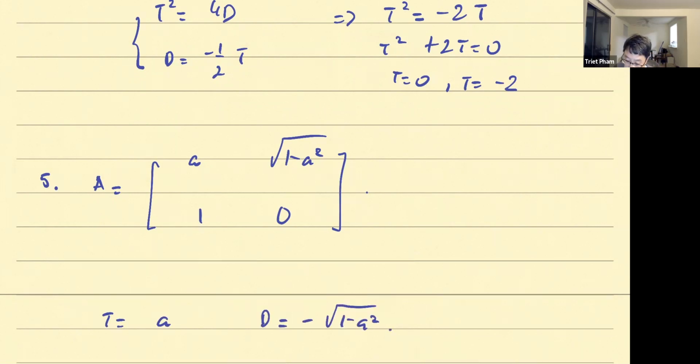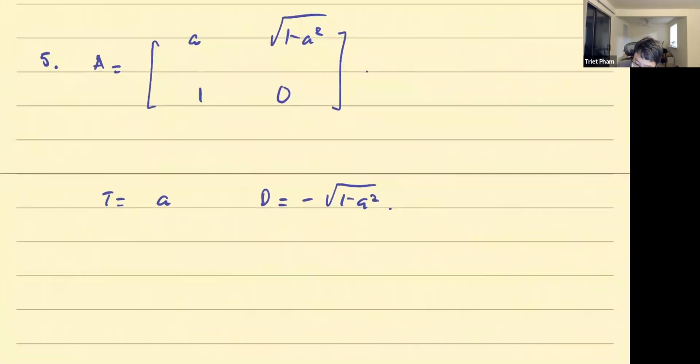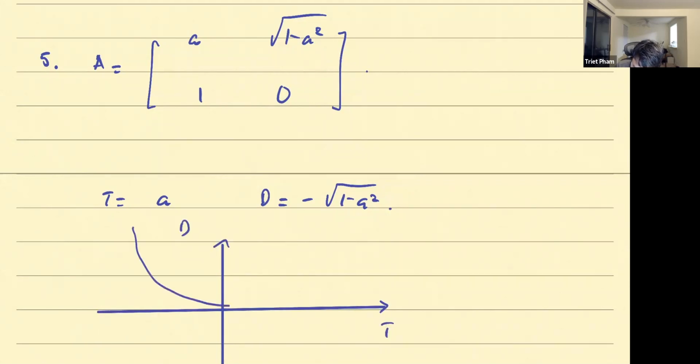This looks interesting, maybe. So how does this curve look in the TD plane?